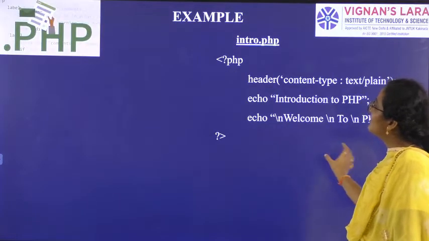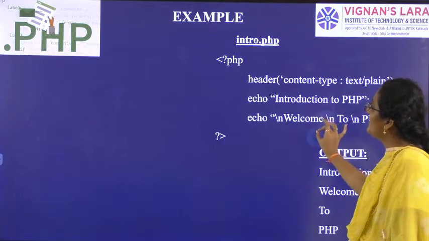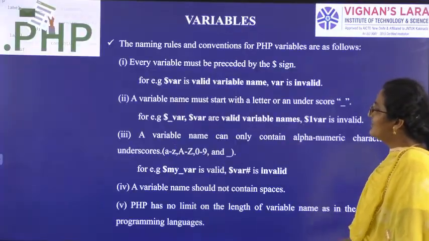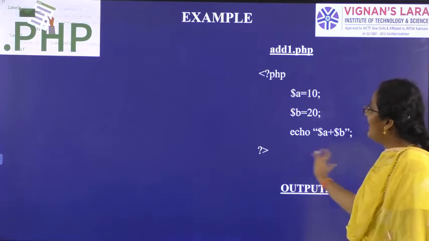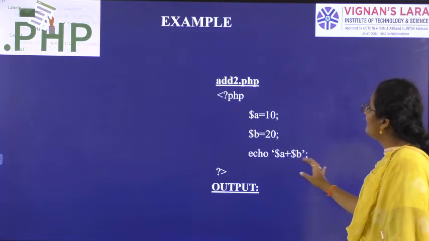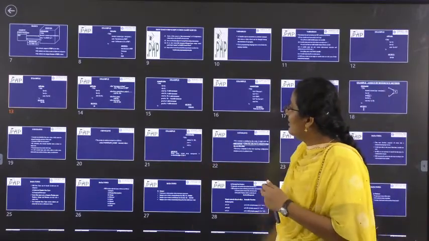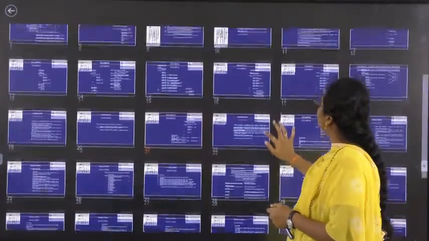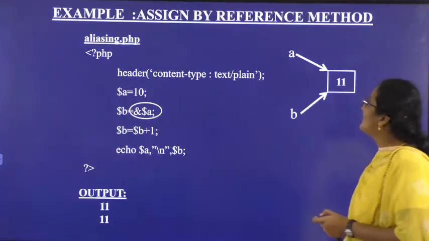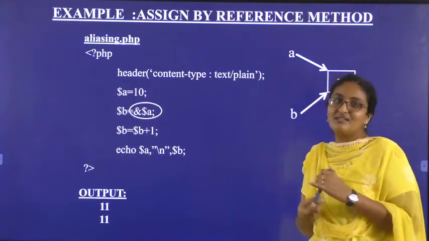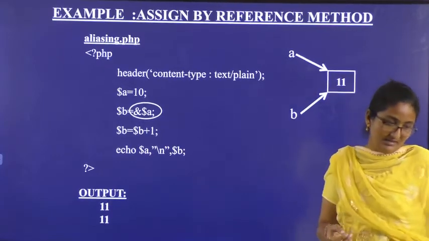Then what is a simple example of PHP. Then we started variables, rules for storing variables, example of variable program, and we have seen different examples representing variables. In the next class we will discuss what are the constants.